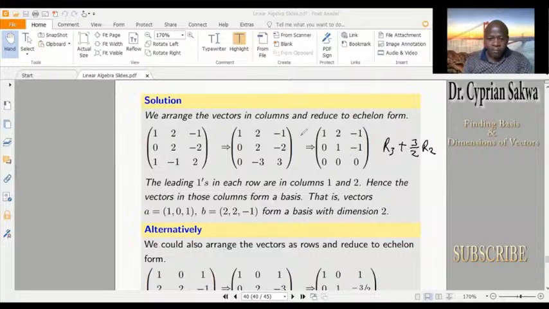So the final matrix I would have, the first row remains where it is. For the second row, first of all, I divided this by 2. But it's not a must. You can just work with what I have here. But I divided this by 2.